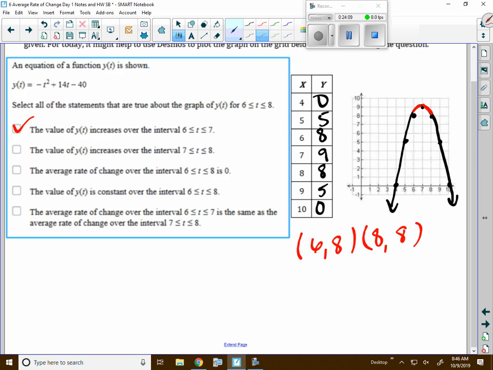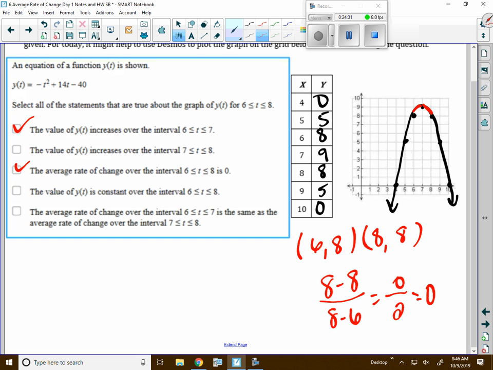So if I did the slope formula, I would have 8 minus 8 on top, 8 minus 6 on the bottom. Is it 0? Yes. I think it's a good idea to check it with the formula. That way you know, beyond a shadow of a doubt, that it for sure is 0.